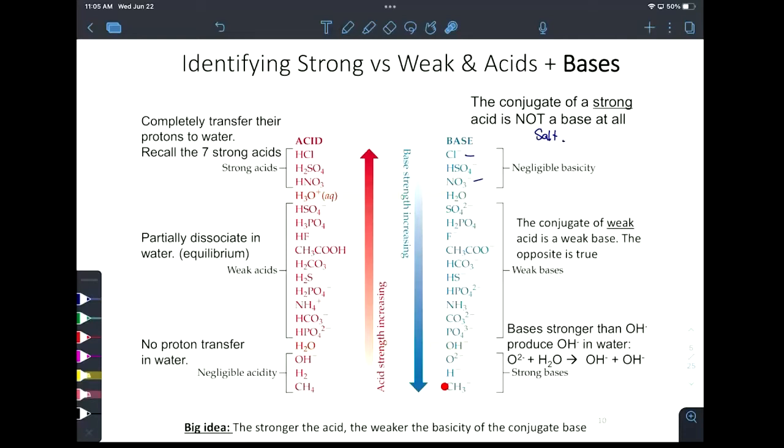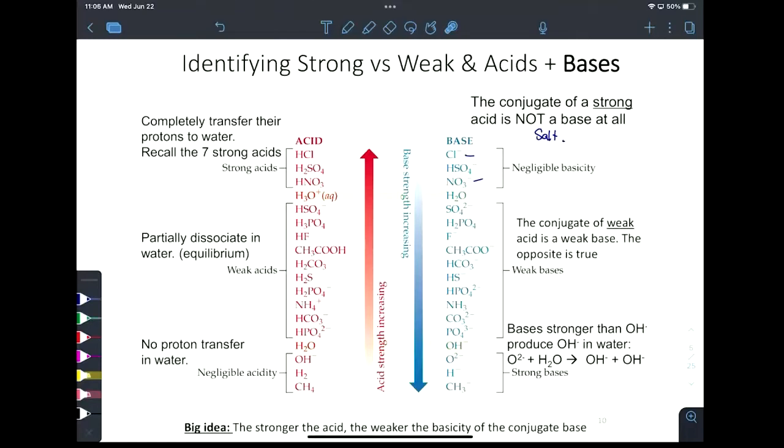Here, OH-, if it loses that hydrogen, it's pretty stable already. It's not acidic at all, but if we go onto this side, O2- is going to grab a proton really quickly. So here are our strongest bases. Here are our strongest acids. All right, so that's how we read that chart.